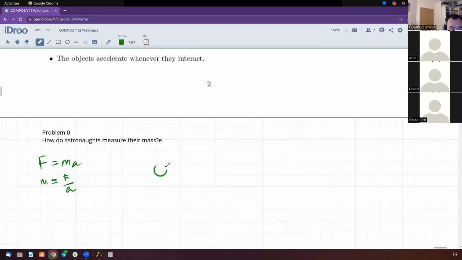Well, you would probably take a force meter. So this is the astronaut. You hook the astronaut to a force meter, the type of force meter that you have in school.